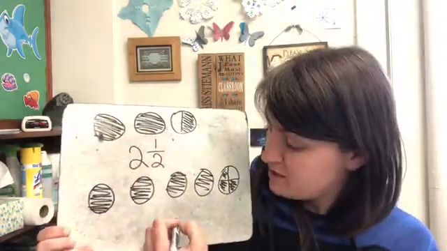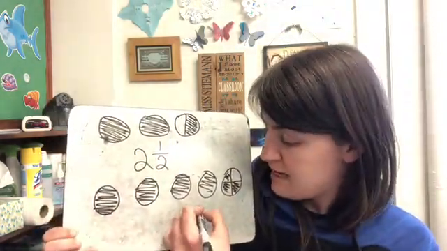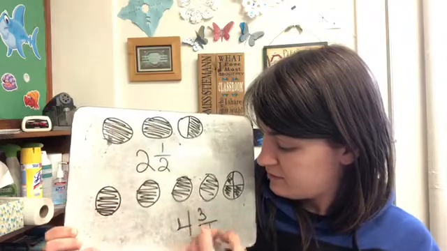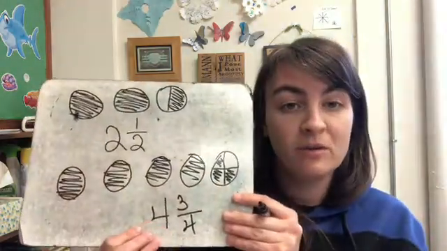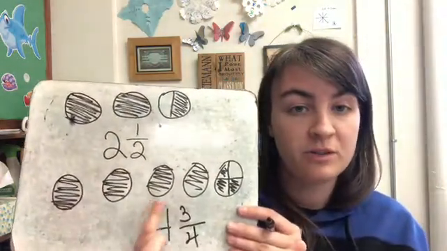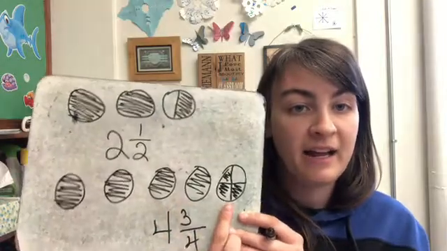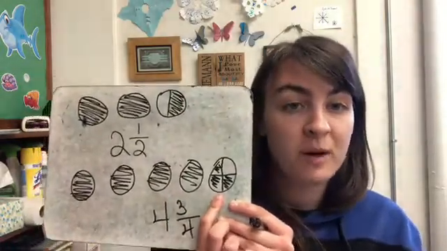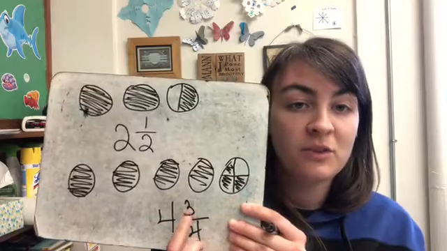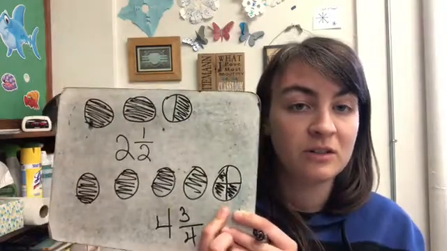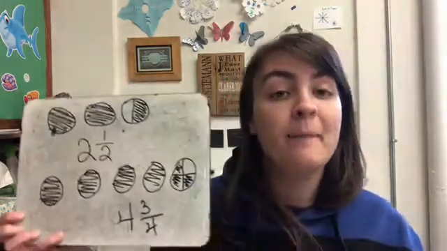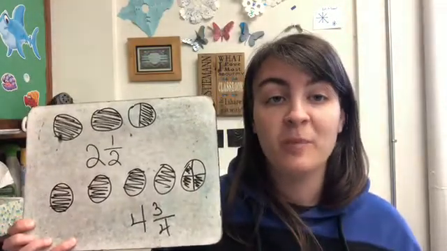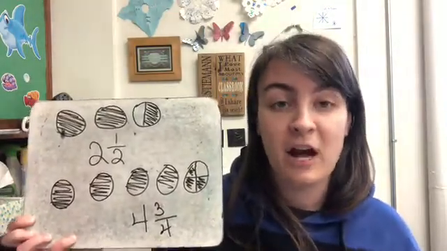We have the mixed number 4 and 3/4. I have 4 for my whole number part because I've got 4 whole circles shaded in. And then I have 3/4 for my fraction part of my mixed number because I have 3/4 of this final circle shaded in. Remember, a mixed number has to have both a whole number and a fraction part.